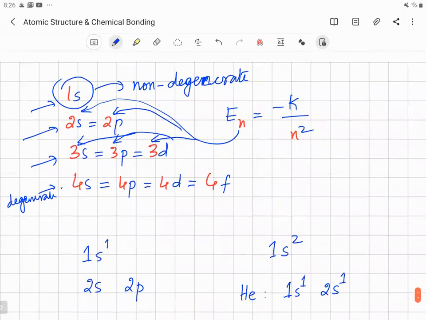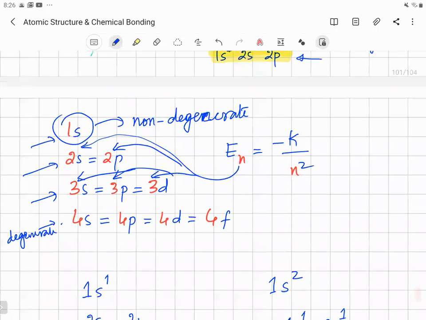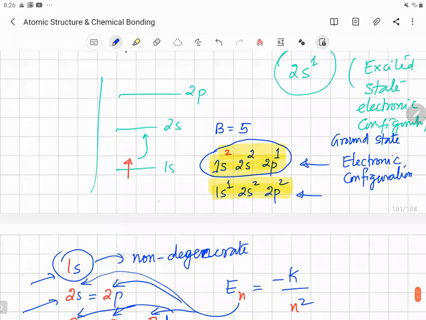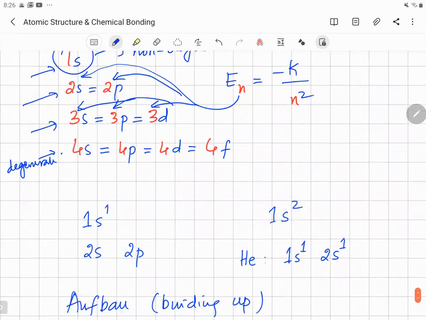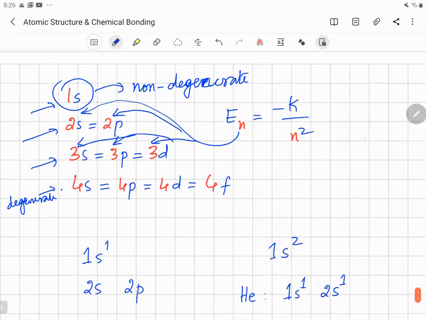Now, after that, we discussed degeneracy. If it is only the hydrogen atom, the electronic configuration is a little bit different, right? This was the case of multi-electron atoms. In the case of the hydrogen atom, which has only one electron, the electronic configuration is 1s1 in the ground state.